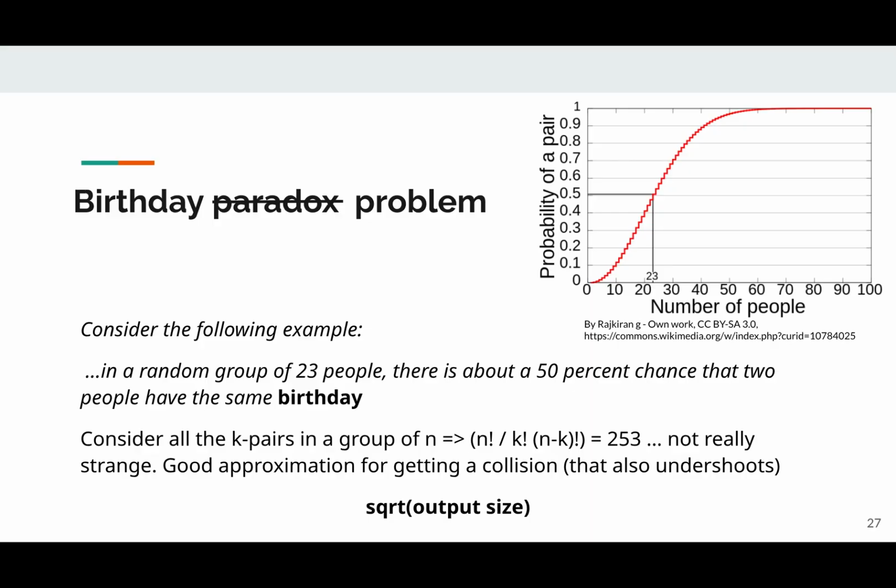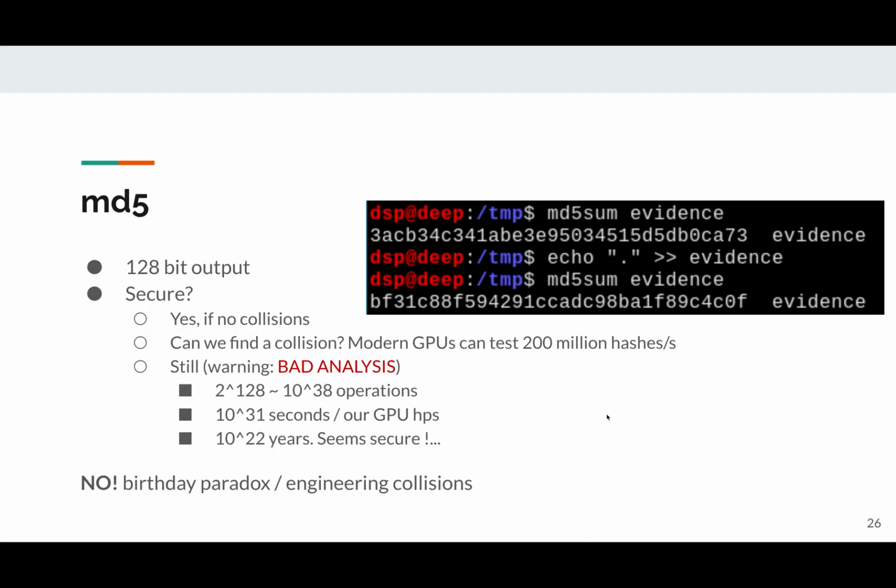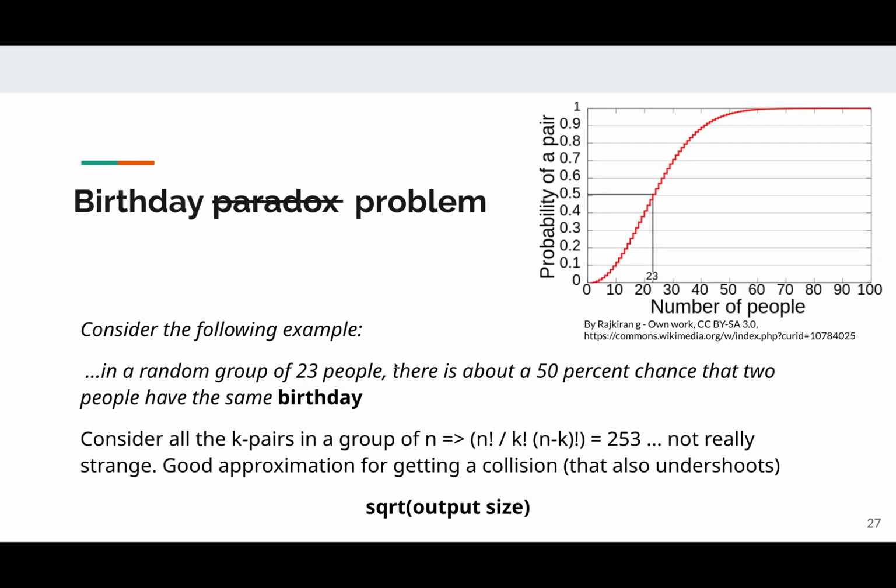So in the previous case, you can take the square root of the output size, which was 128 bits, 2 to the 128, and that's going to give you an approximation of how often you'll find pairs of files that share the same hash. Okay, so just letting you know, the analysis that we did here is wrong, right? That's why we write here bad analysis.